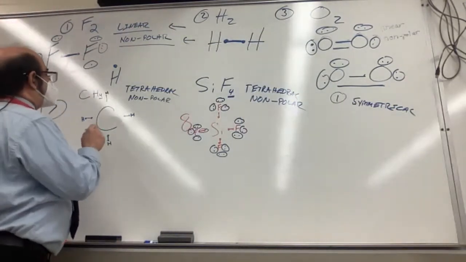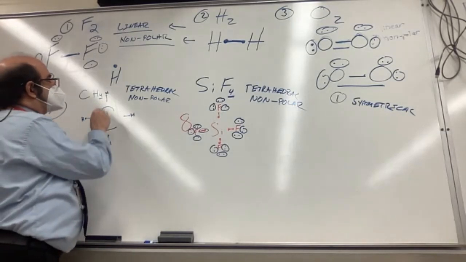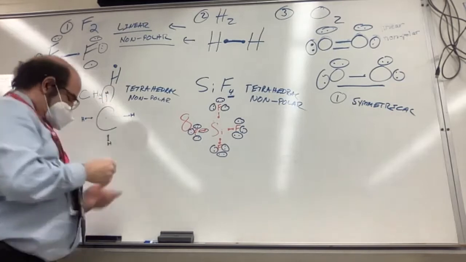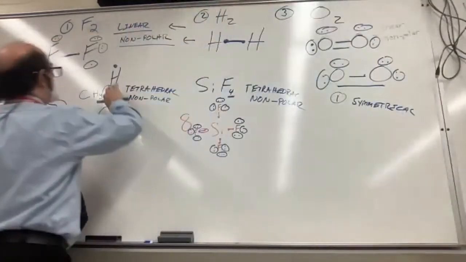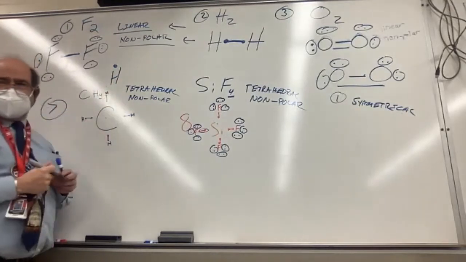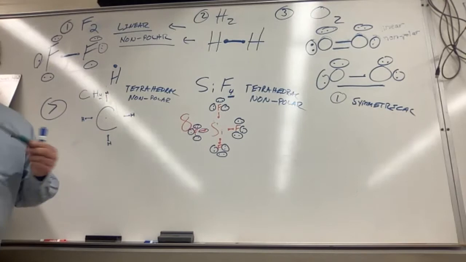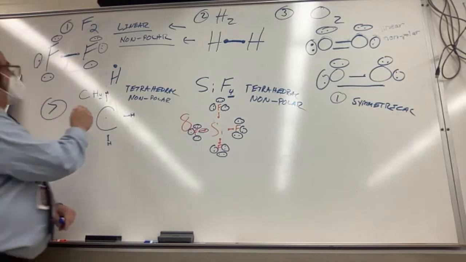Okay, so if you want to look at electron regions, we start with the central atom. I'll use a different color so you can see. If it confuses you, ignore it.